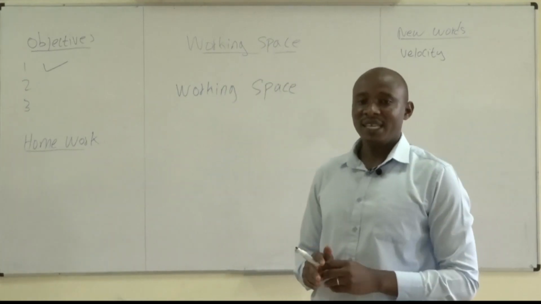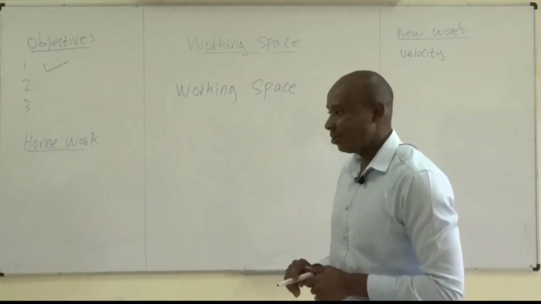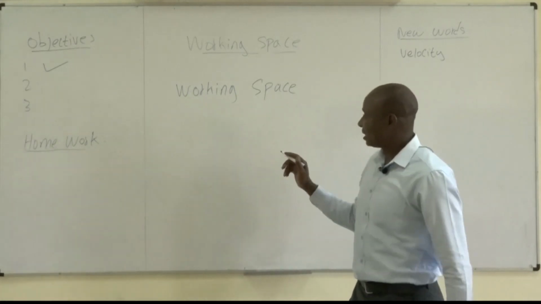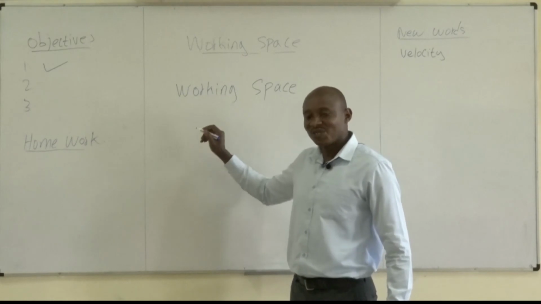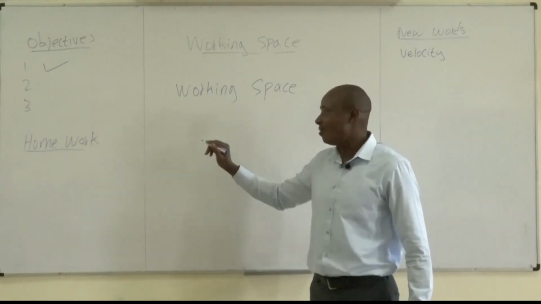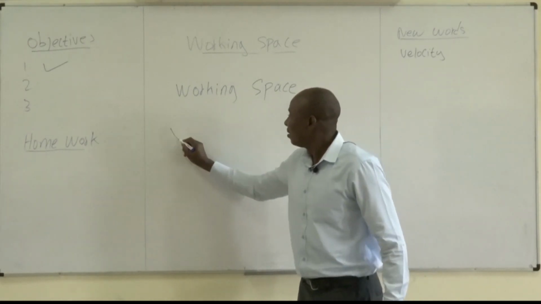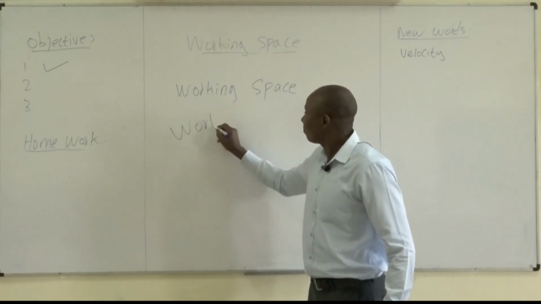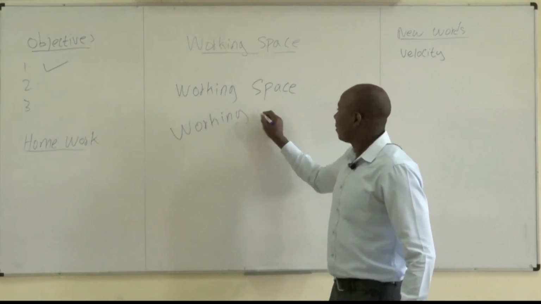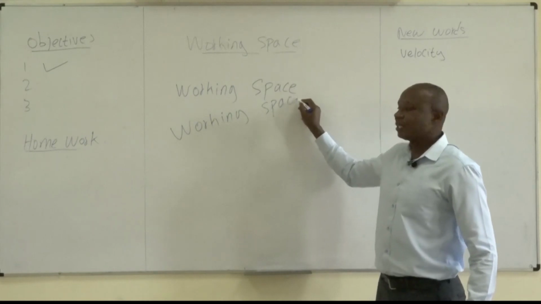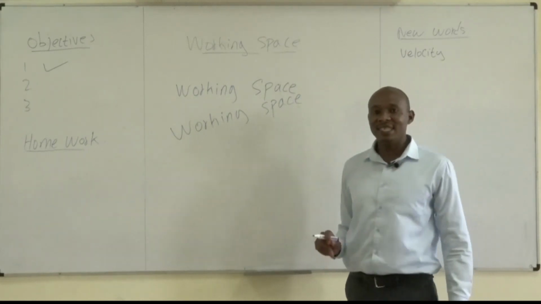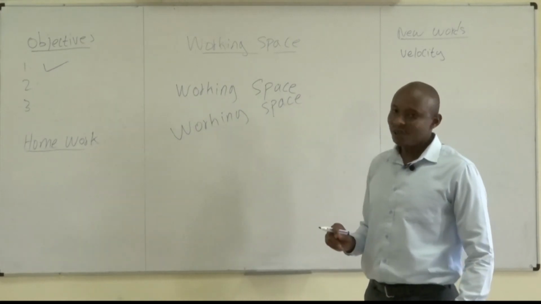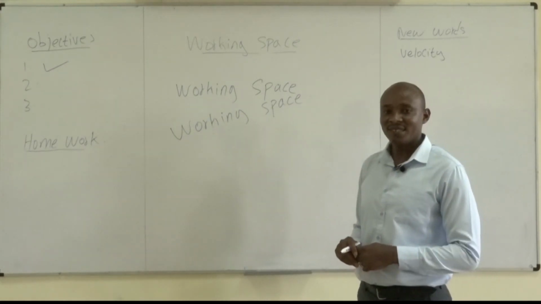Write horizontally and not at an angle. In most cases, especially for teachers, you'll find out that as you are writing, your writing moves vertically or at an angle. Working space at an angle. Avoid this because this implies that the students have to turn their head so that they read.